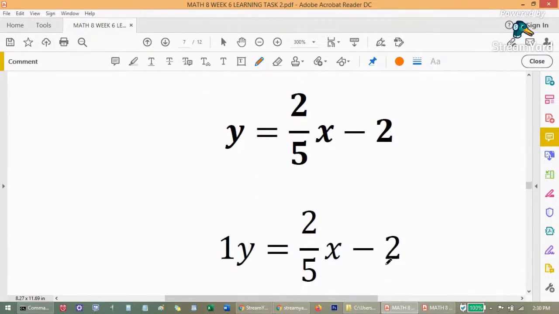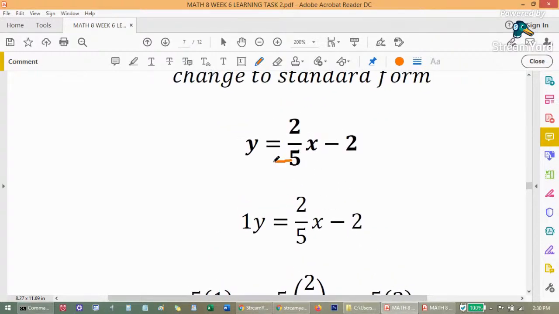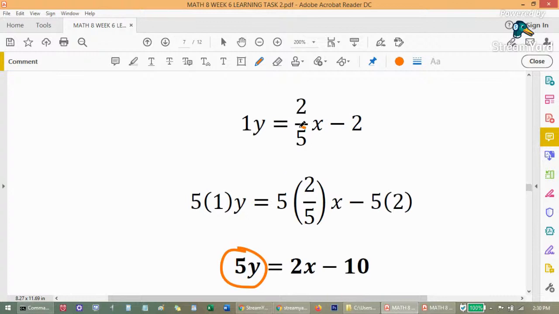Okay, so ang mangyari, ang unang ginawa, 5 times y is magiging 5y. Now, since yung 5, pinultiply natin doon, mawawala na yung 5. Magiging 2x na lang siya. So, 2x.